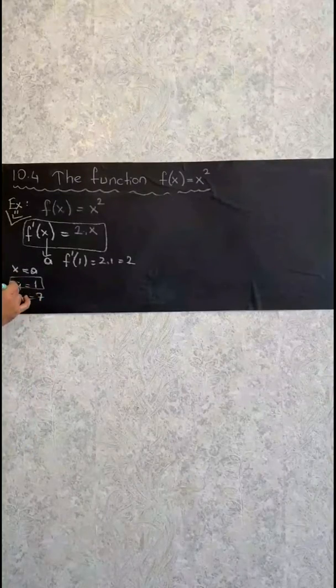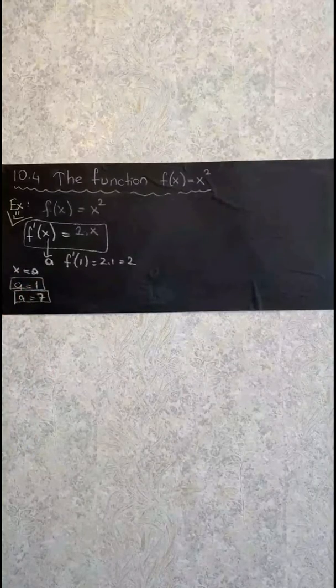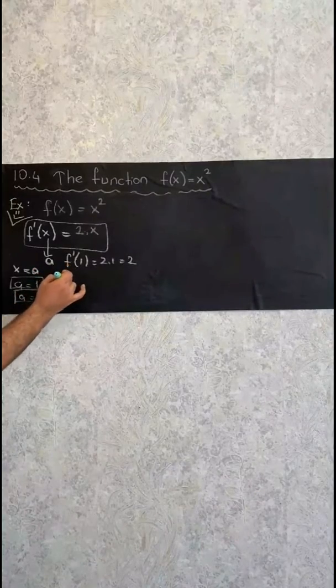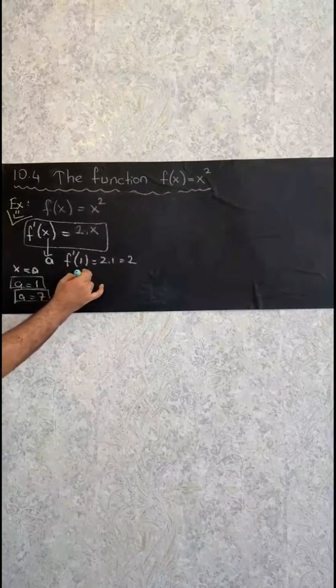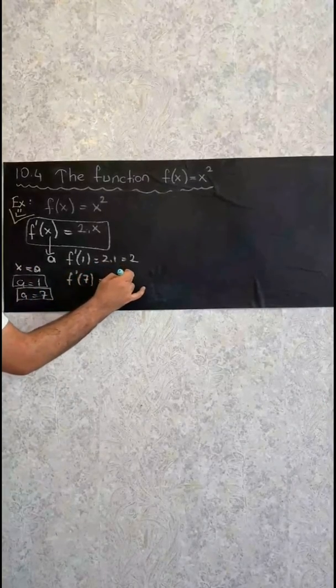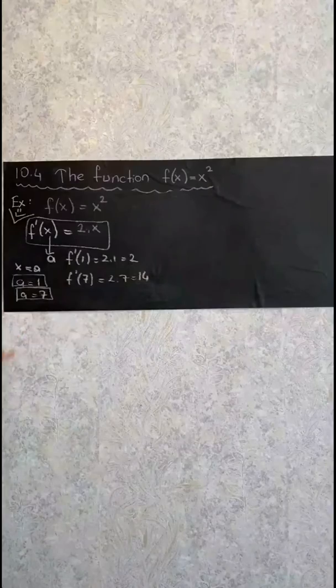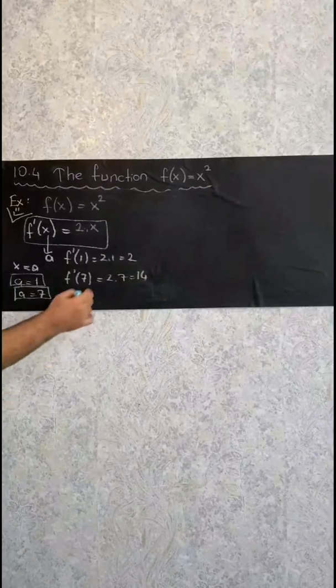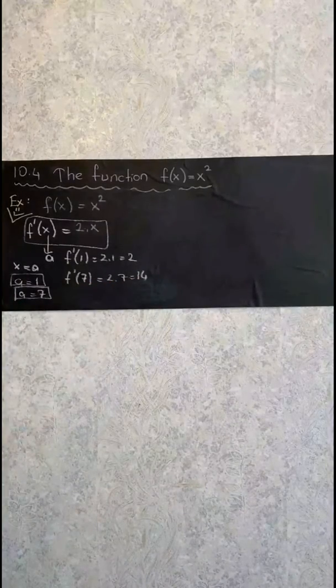Another one, if a is 7, f prime of 7 equals 2 times 7, which is 14. Also we can say the slope is 14, yes.